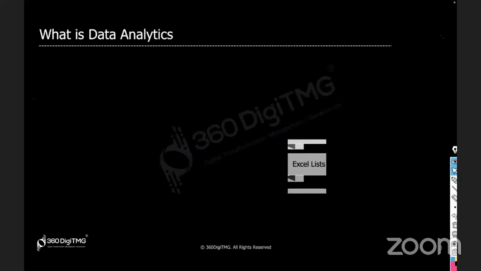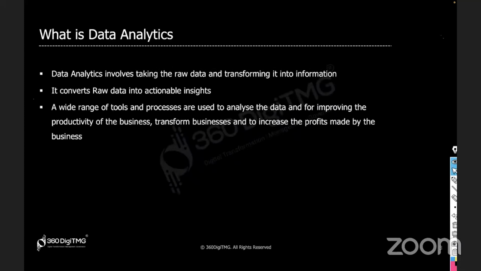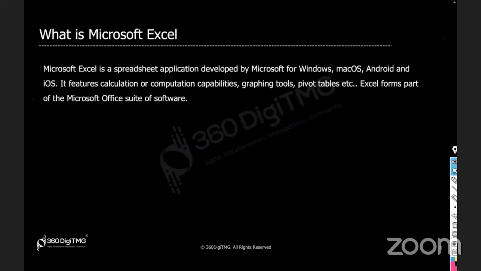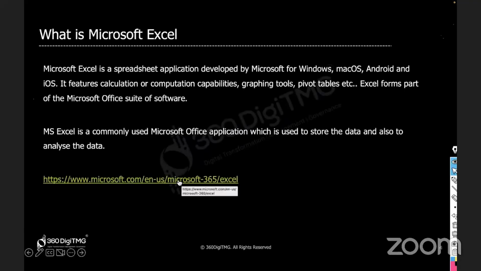Then we discussed briefly what is data analytics, what is Microsoft Excel, and how does it fit into the picture. If you would like to install Office 365, you can go to this link. It is available for trial for 1 month, post which you will be charged around $40 per year for each subscription. So you can use it for 1 month.